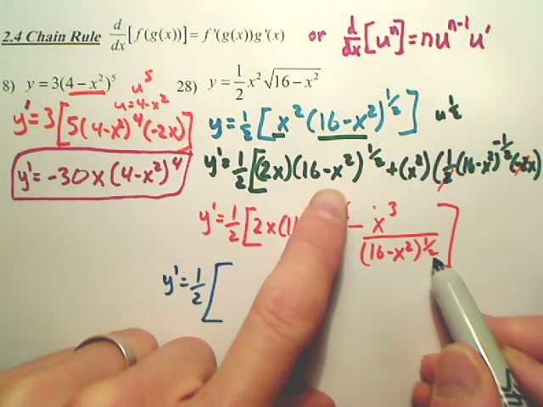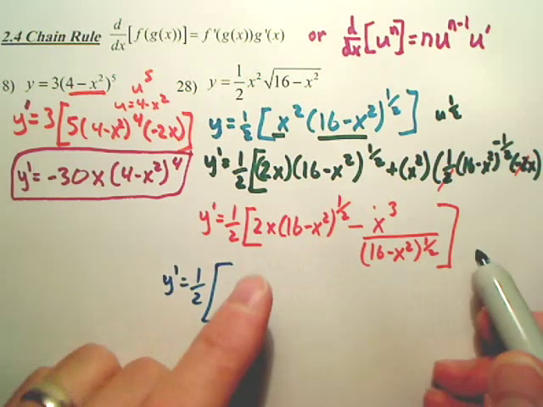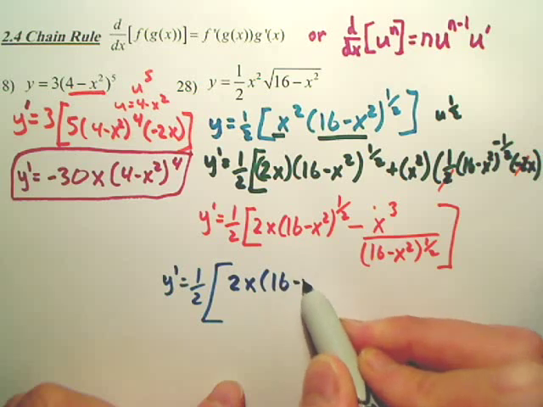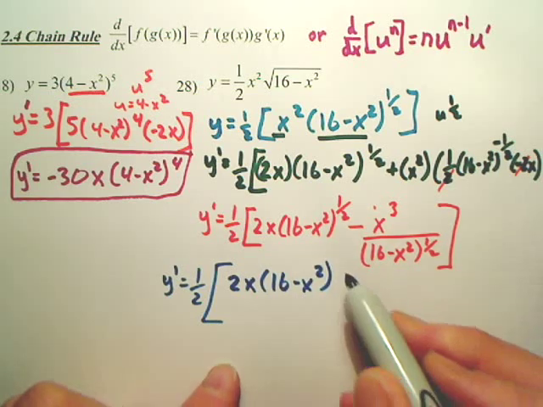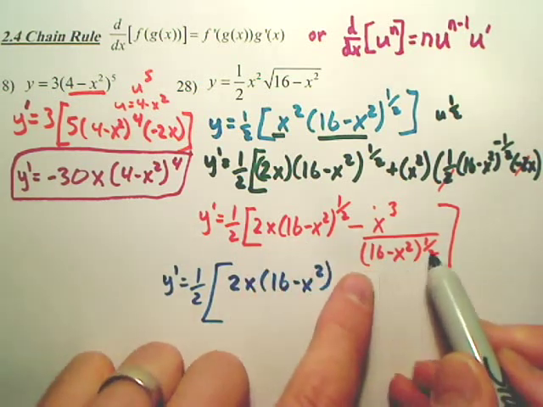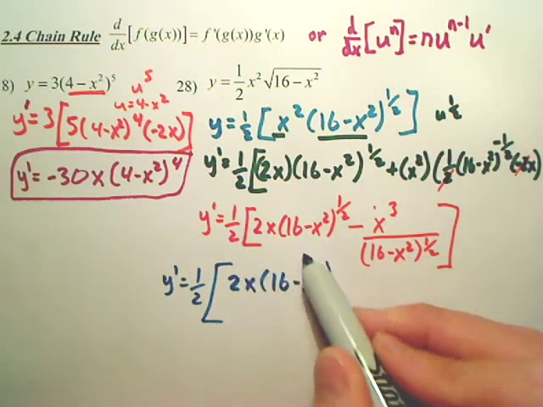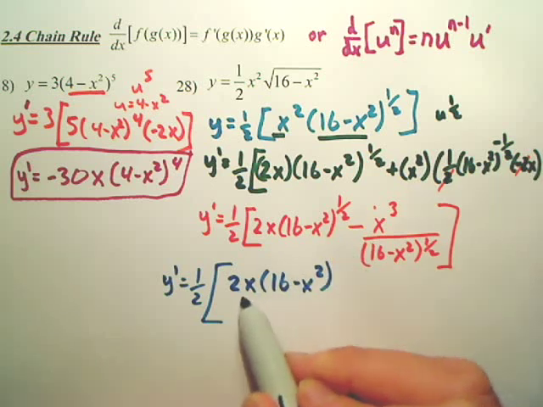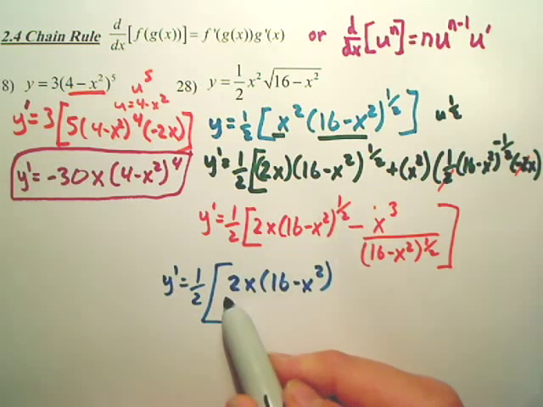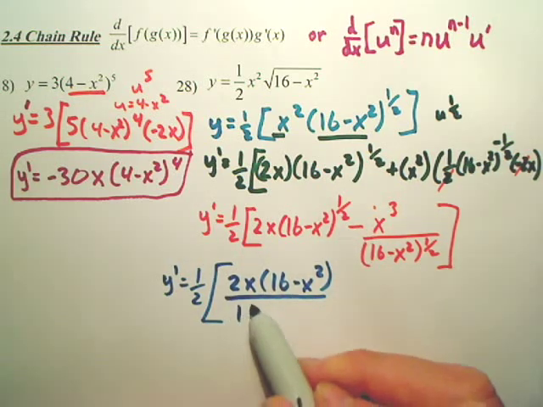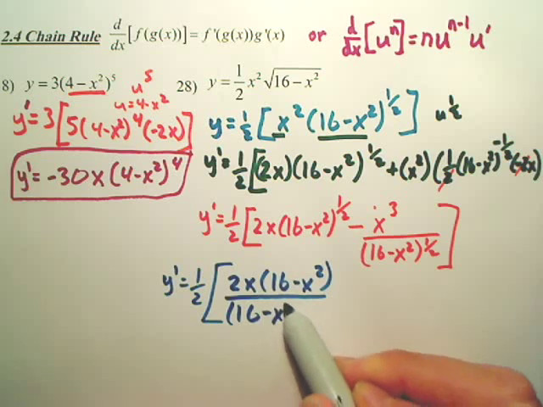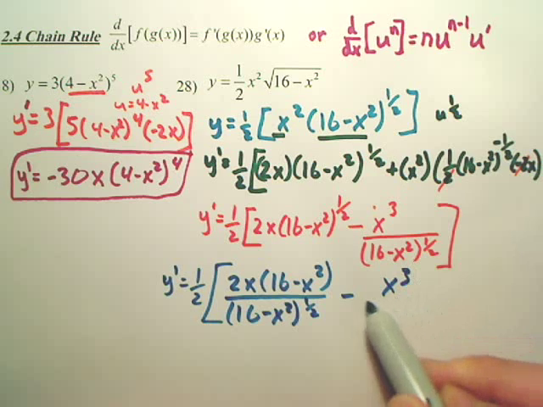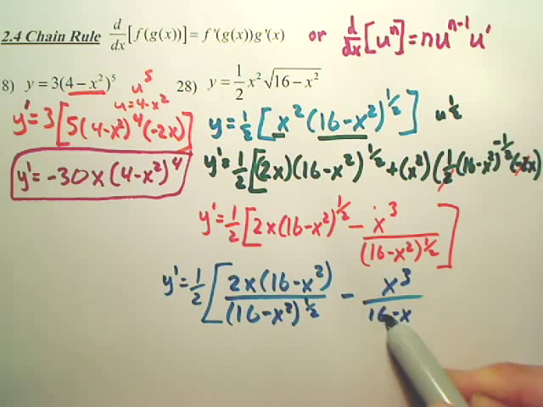What's a 1/2 times a 1/2 power? Becomes to the first power. So basically you just get 2x times 16 minus x squared. Again, you're going to multiply this value right here to top and bottom, so you can subtract the fractions. So when you multiply this to the top, it ends up dropping the power, luckily, and then you have to write this on the bottom because that's what you needed. And then you have this, which is the normal one over here.